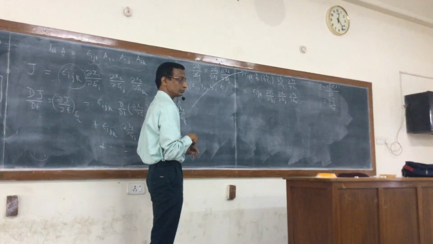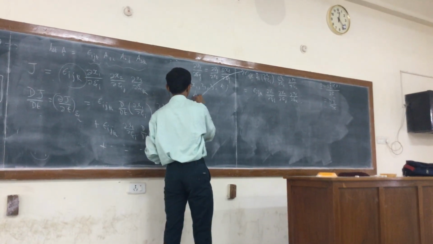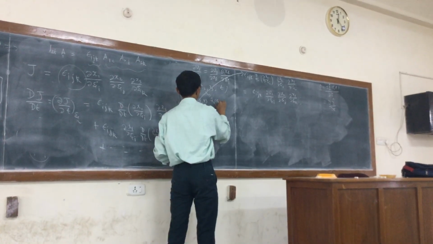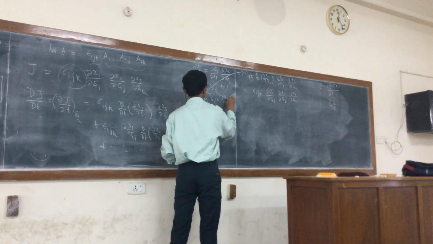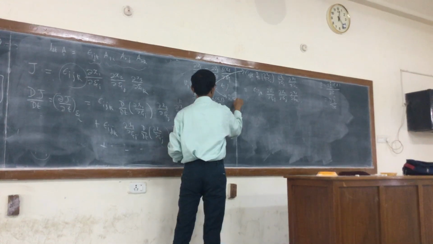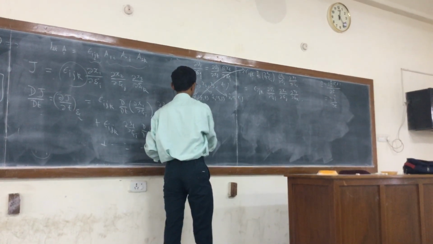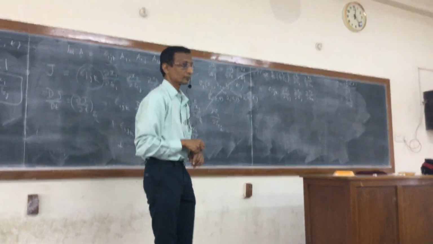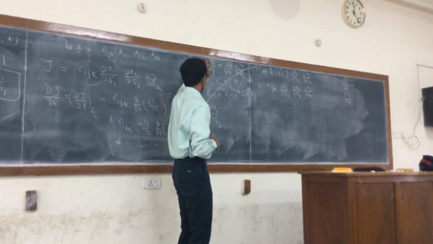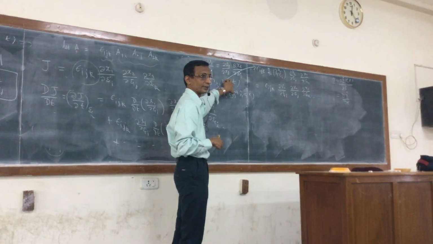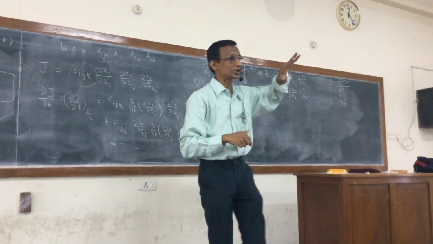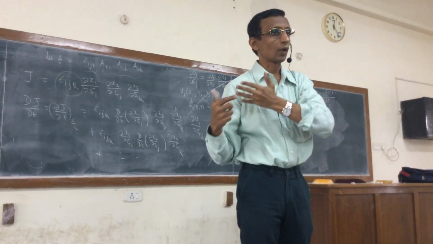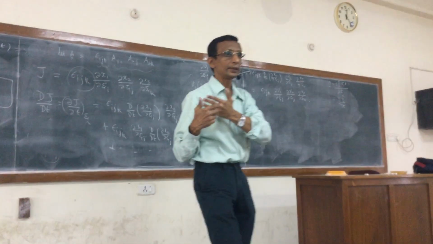Now transform x1, x2 and x3 to functions of psi and time. Now ask what is dv1 by d psi I. So I have to use the chain rule. I regard this as a function of x1, x2 and x3, which in turn are functions of psi 1, psi 2 and psi 3. And then I ask, through this transformation, what is the derivative dv1 by d psi I?